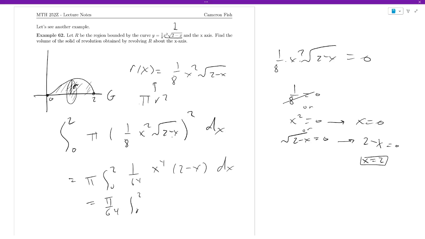And then I could multiply the x to the 4 through. And now that's an integral that you can do with the power rule. So I'll let you finish that if you're interested. But yeah, that's the setup for this one.